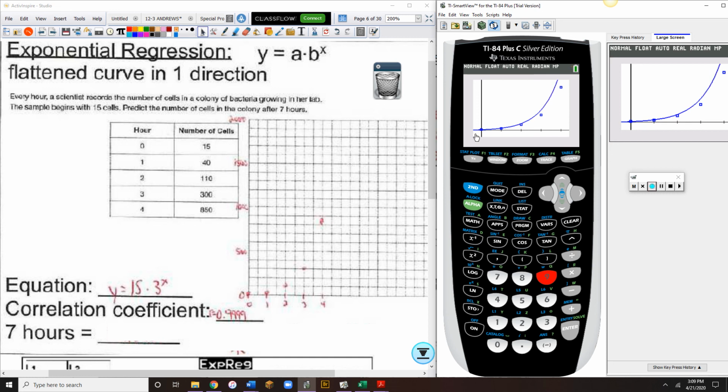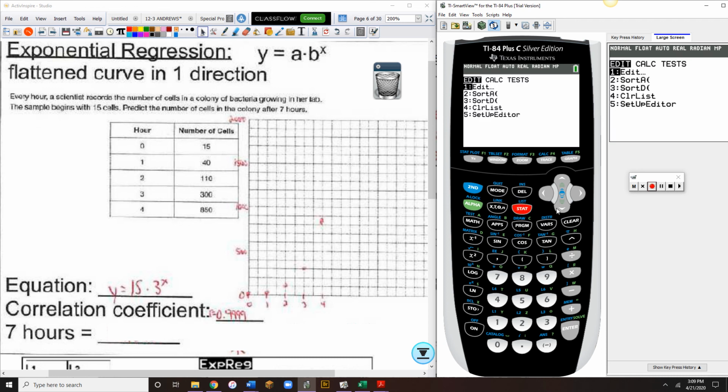Now what I notice is that the exponential graph, the line part, starts out touching our dots, but then it starts to work away from our dots. And I would say that's because we rounded up to 15 and we rounded up to 3.